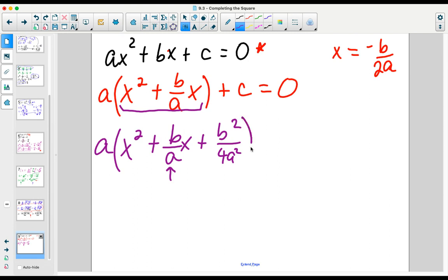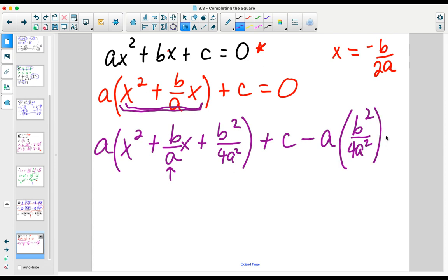So that's just completing the square on that inside expression in here. Now, in order to maintain the equality, there's two different things that we could do. We could take that exact same term and add it to the right-hand side of the equation. But for the purposes of this exercise, we're actually going to take a little bit of a different route. We're going to subtract a times b squared over 4a squared from the left-hand side of the equation.